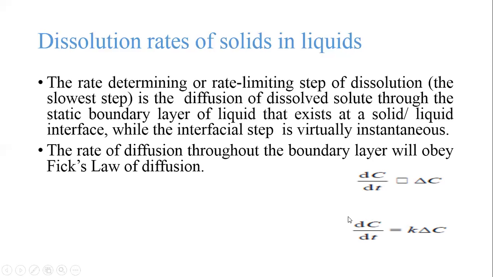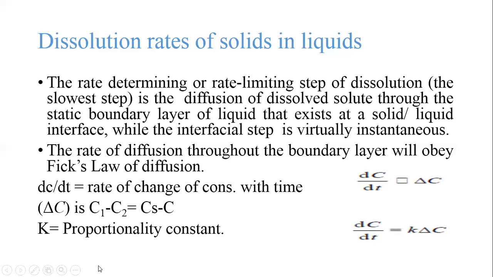That means dC/dt equals K multiplied by delta C, where dC/dt is the rate of change of concentration with time, and delta C is C1 minus C2.